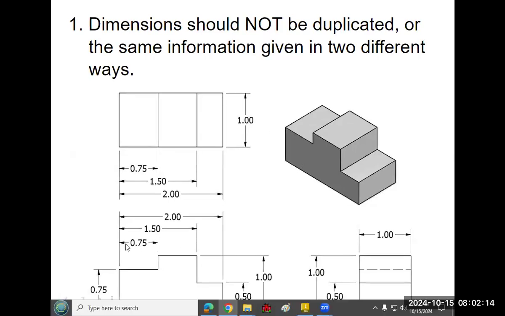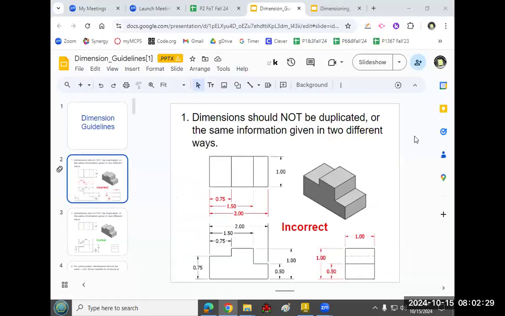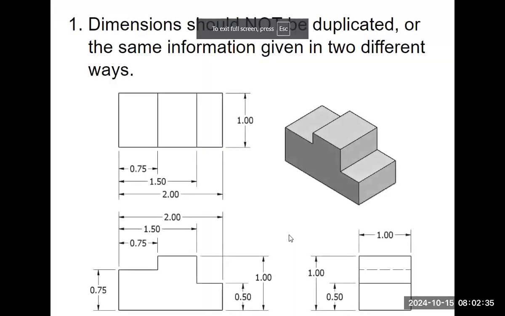We have the total width shown here on the front view, and it is also shown on the top view, which is duplicate, which is redundant. It's not necessary. Okay, so you can see this first dimension here, the total width dimension, is 2 inches wide.